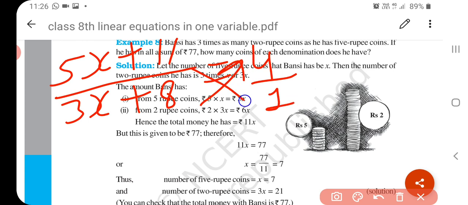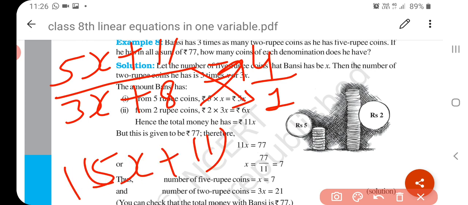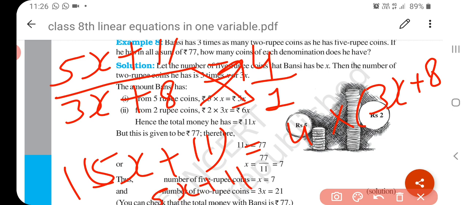Then we have to do cross multiplication, so we get (5x plus 11) into 1 is equal to 4 into (3x plus 8). Understand? So it becomes 5x plus 11 is equal to 4 threes are 12, 12x plus 32. Okay, so this type you have to reduce to linear form. Okay, understand?